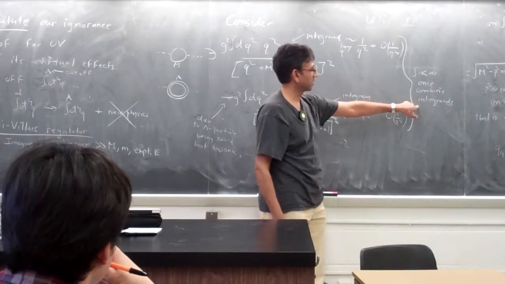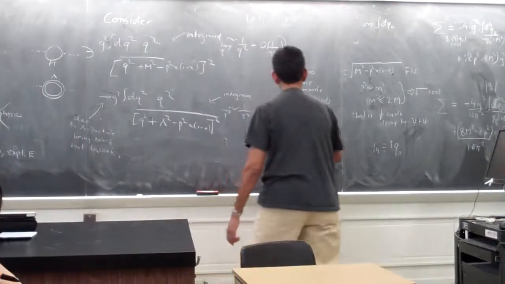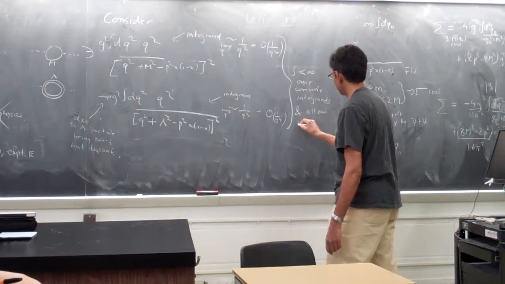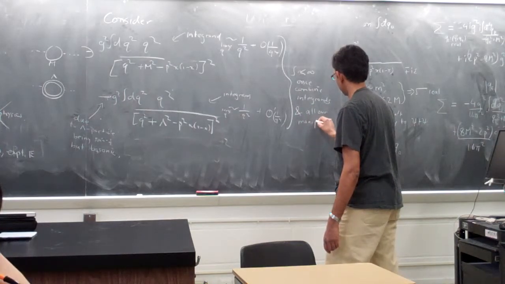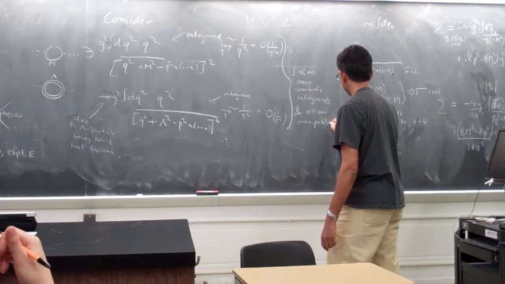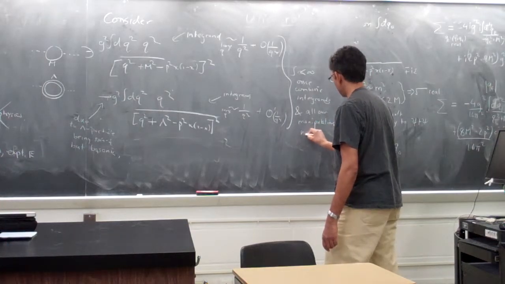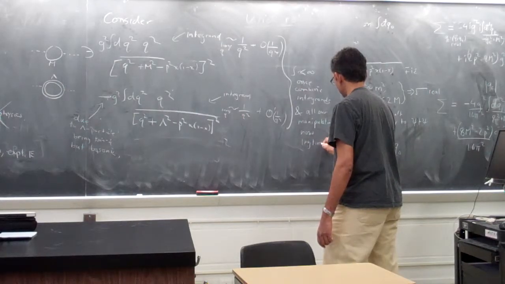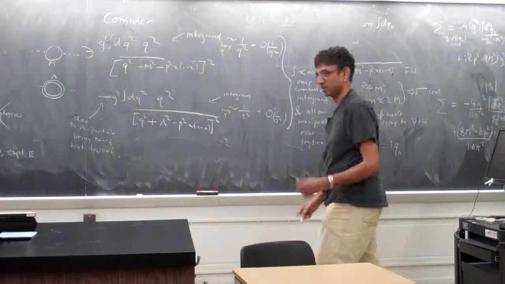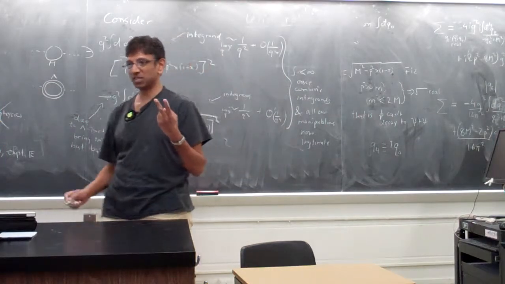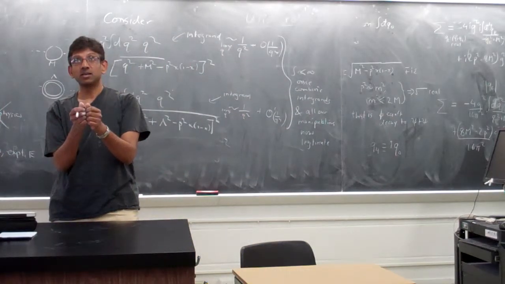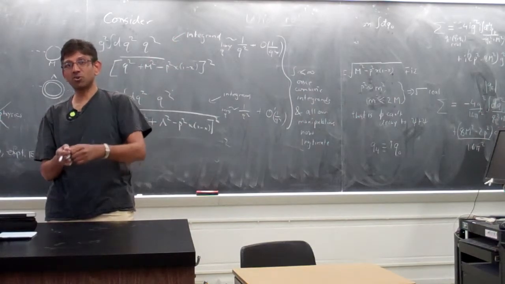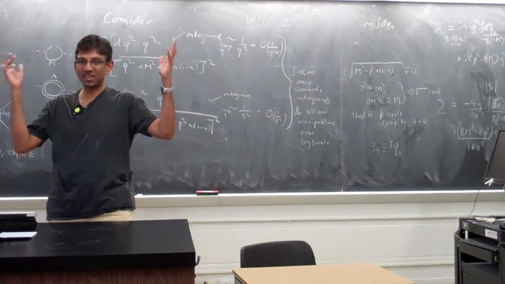In fact, all our manipulations are now legitimate. I don't mean physical manipulation, I mean mathematically legitimate. There are two types of manipulations we did. We changed integration variables, like in one term we'd say, q minus p goes to q, things like that.